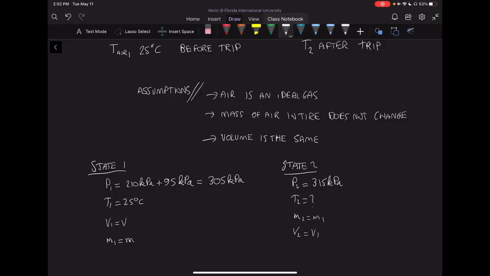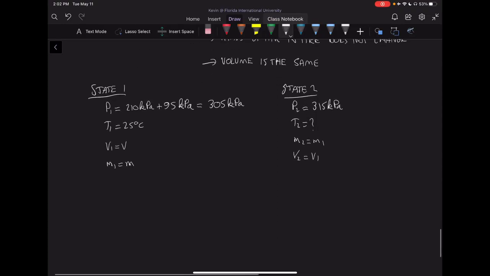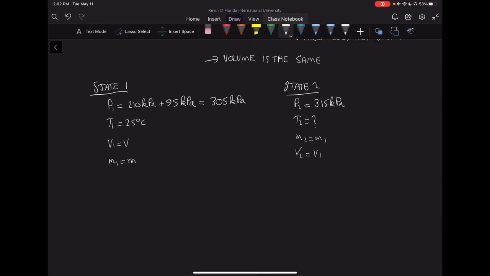Now, how do we go about finding temperature 2? Well, we're going to use the equation we just derived before. P1 V1 over T1 is equal to P2 V2 over T2. And from this equation, we know that V1 and V2 are the same, so they're just going to cancel out.